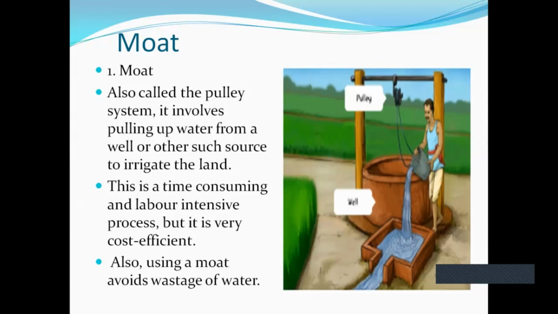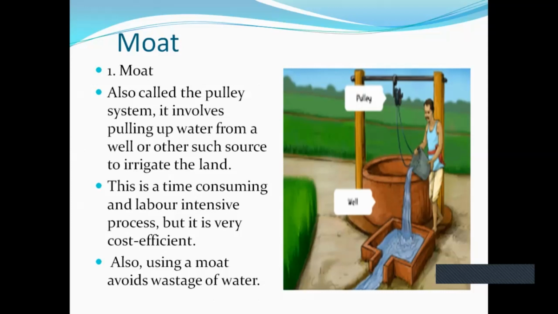Here, the farmer is manually removing the water, and it is very cost effective. He did not have to give any money for it because he is using his own energy to pull the water from the well. He's not using any electricity here, so it is very cost effective.